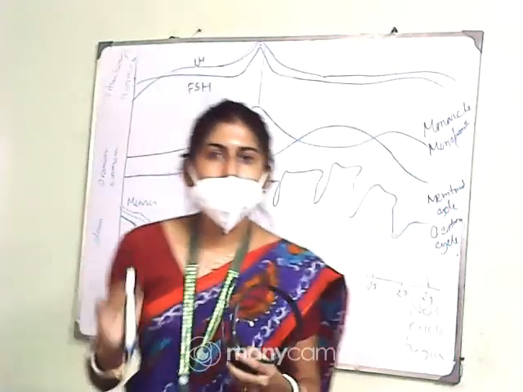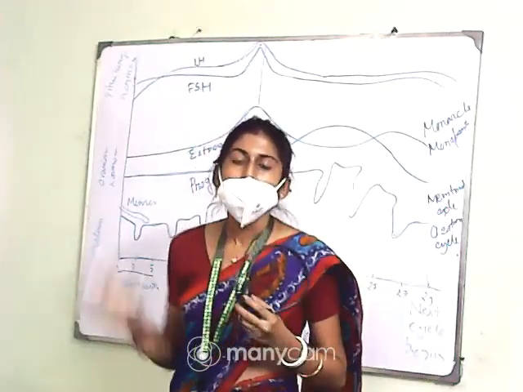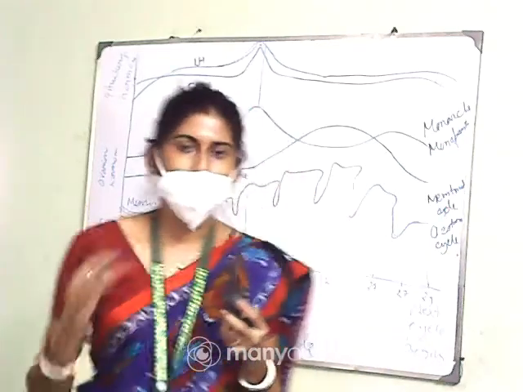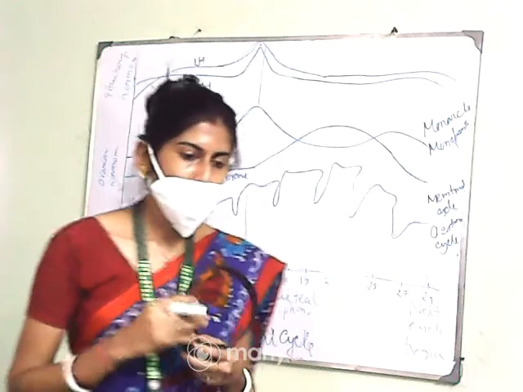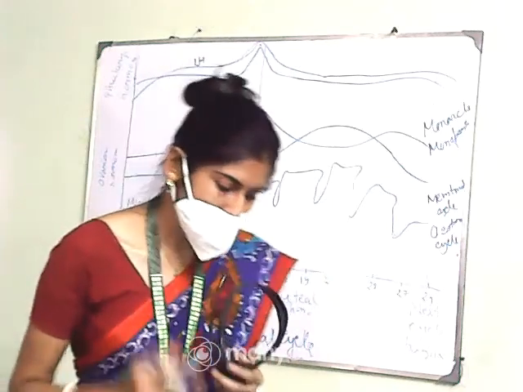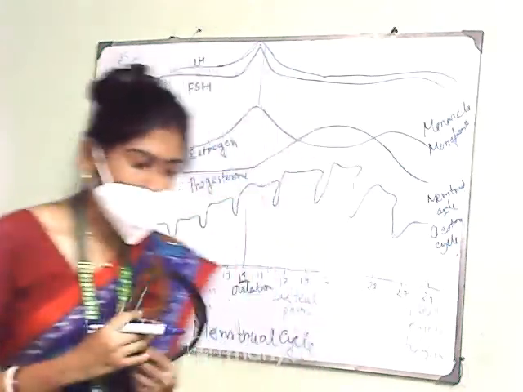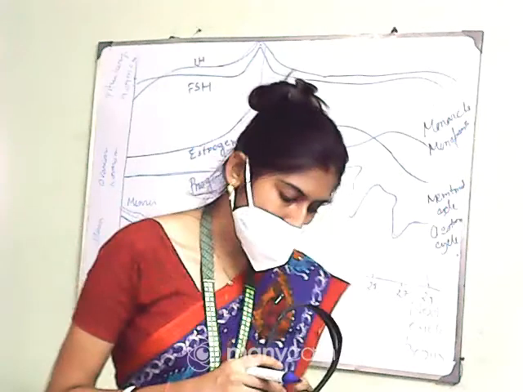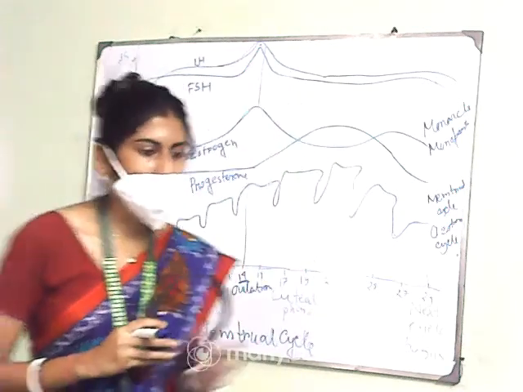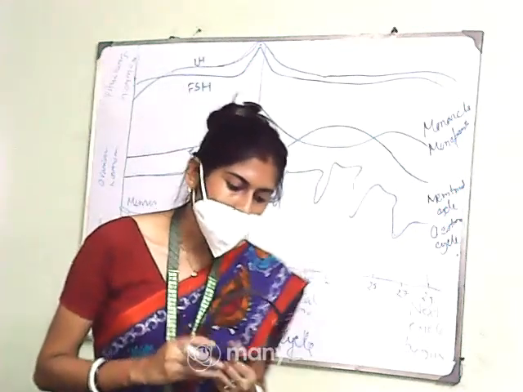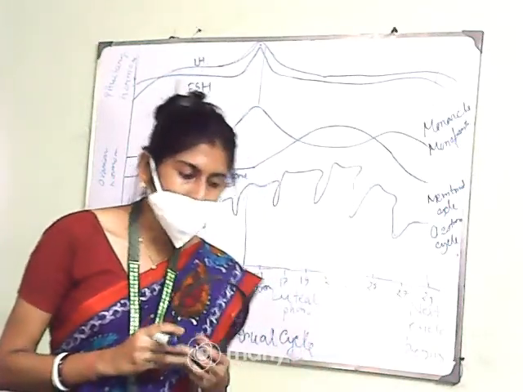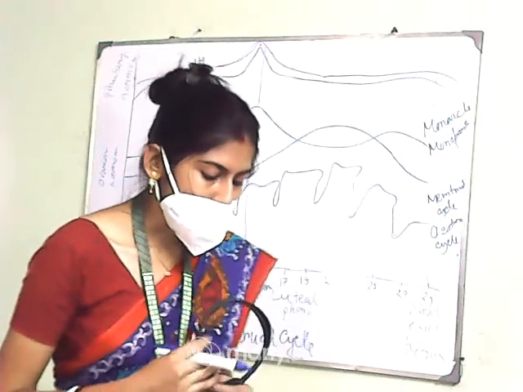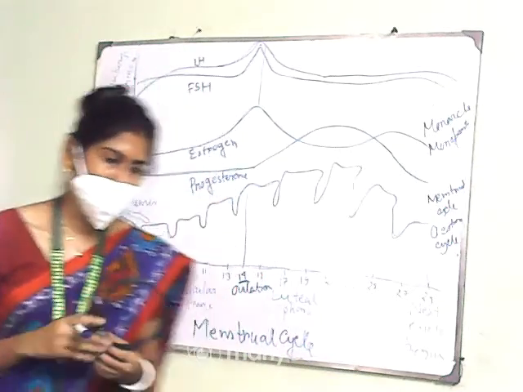So you can remember the female uterus. There are different layers, and in the inner portion you will find the endometrium lining. The endometrium lining will get ruptured, and due to the breaking of the endometrium lining of the uterus and the blood vessels present in the endometrium wall, a liquid will form and come out through the vagina, and this is called menstruation.